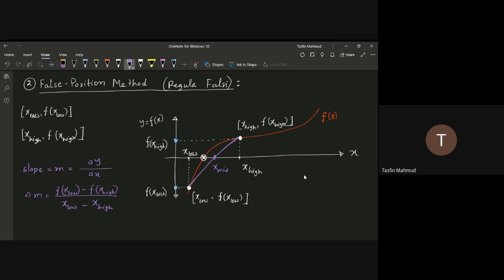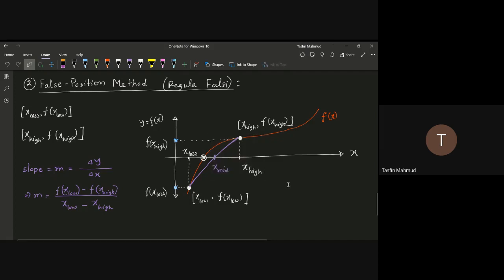This is the first calculated slope, and now we are going to calculate the slope using these 2 points again.